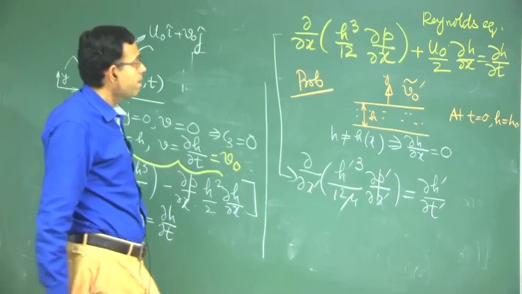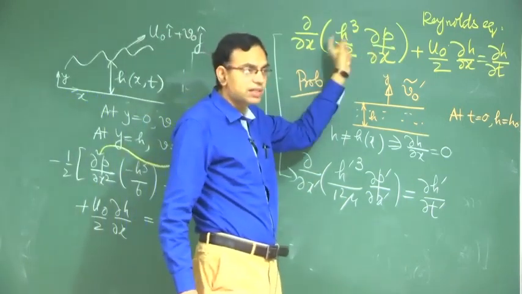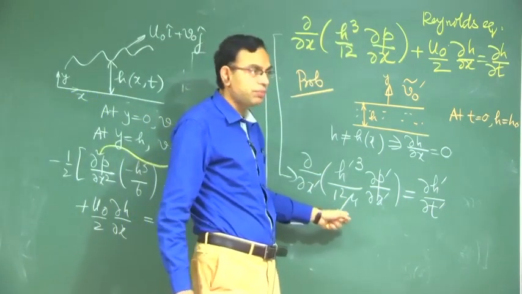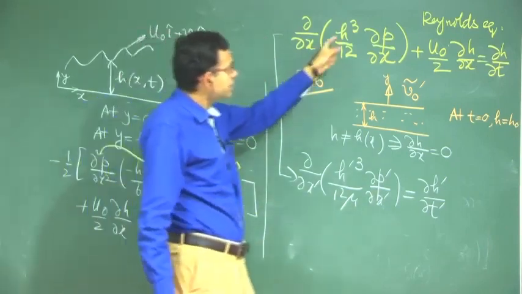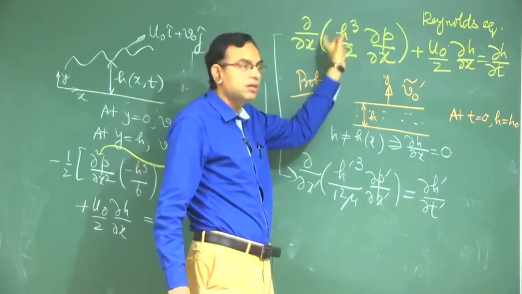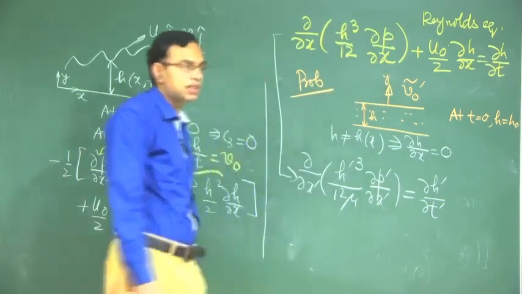Just change all these to x dash, p to p dash, you will see only one mu will appear, nothing else will change. So in the previous case, the mu was absorbed in one of the scales, the velocity scale.